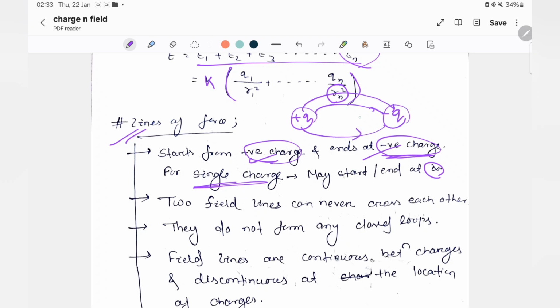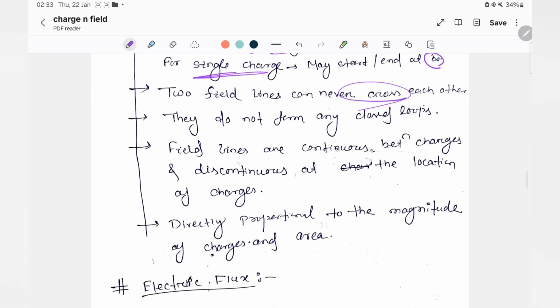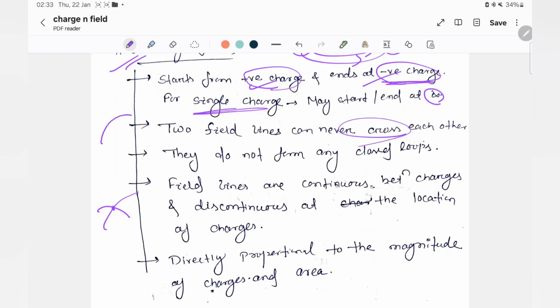Like this. Two field lines never cross each other, because one point cannot have two directions. Now how can we find the direction of an electric field? Just find the tangent at that point of the electric field line and you can find the direction. If two electric field lines cross each other, they will intersect at this point.